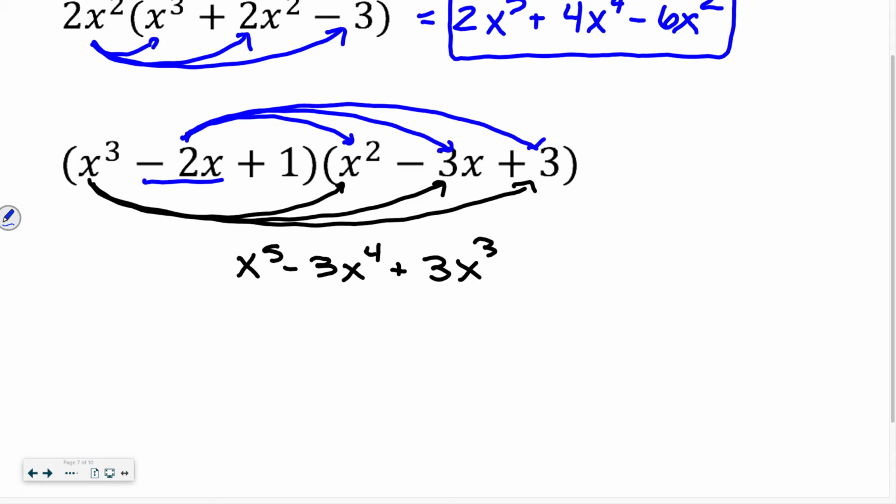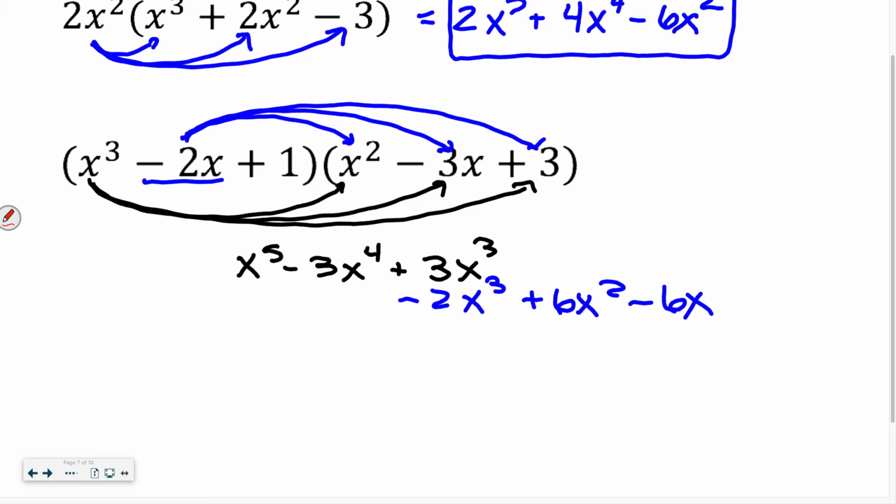So that's negative 2x cubed, which to make my life easier, I'm going to stack under the other x cubed. That way I can just combine like terms. And then negative 2x times negative 3x is plus 6x squared. And negative 2x times 3 is negative 6x. They don't have any like terms.